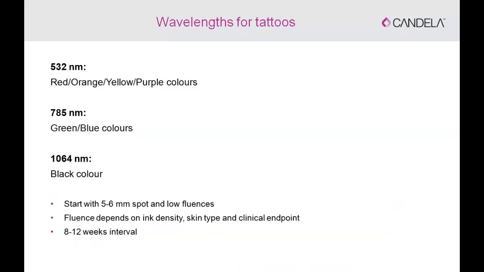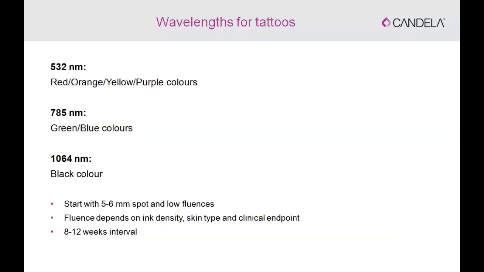In terms of the settings, that of course depends on different variables such as the ink density, skin type, and the clinical endpoint, which is the frosting, particularly in the first few treatment sessions. It is best to start with a larger spot size and lower fluences, and then move on to an incremental increase of the fluences based on the response.